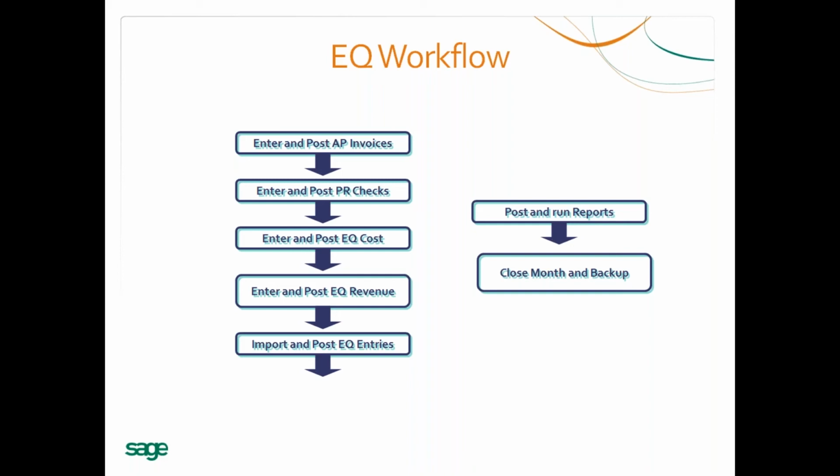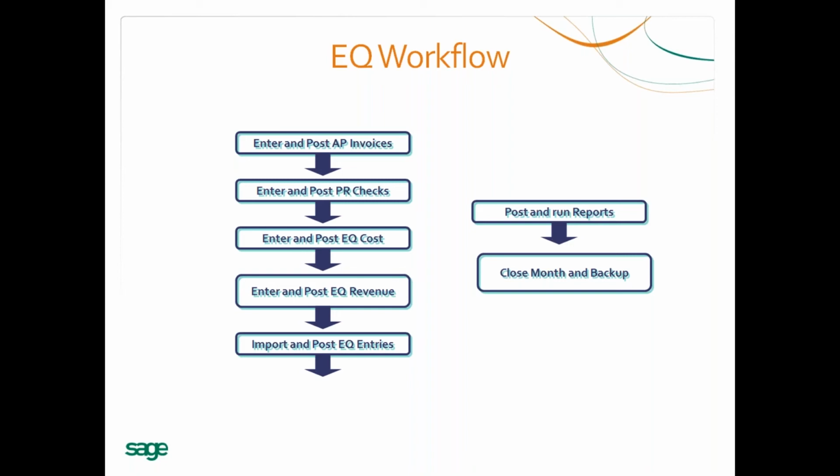Okay, workflow-wise, there are really three places that the information or the transactions for your equipment are going to get into the system. That will either be from an accounts payable invoice, and once it's posted, if it's been coded to a piece of equipment, it will send information over.